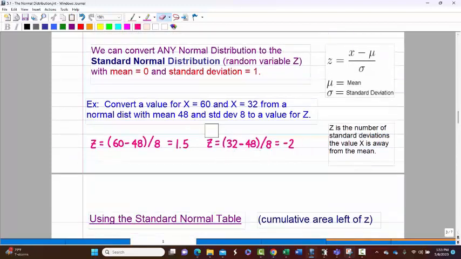And for this one, you take 32 minus 48 divided by 8, and you get negative 2. The z essentially is the number of standard deviations that the value is away from the mean. So 1.5 means your x value is 1.5 standard deviations above the mean. Negative 2 means it's 2 standard deviations below the mean.